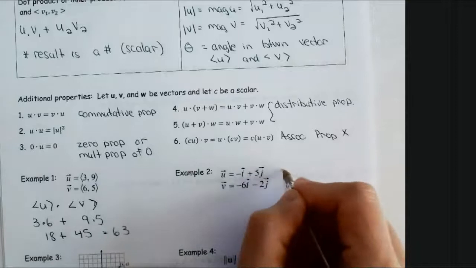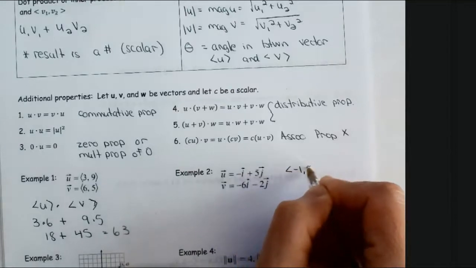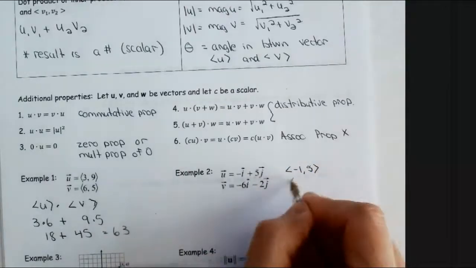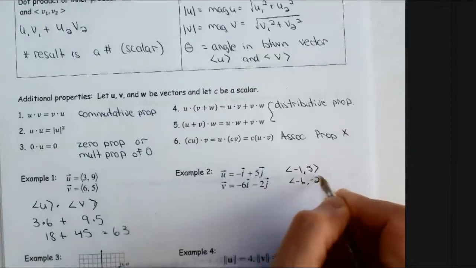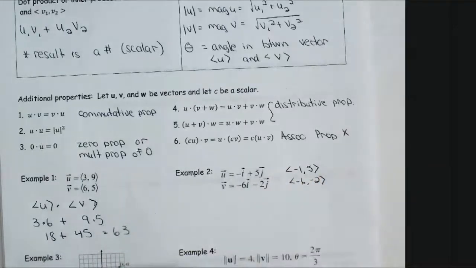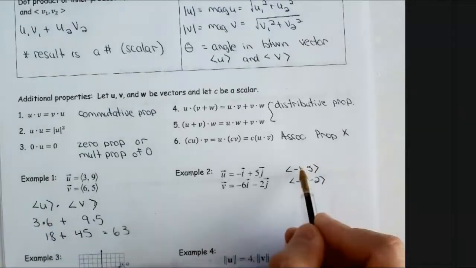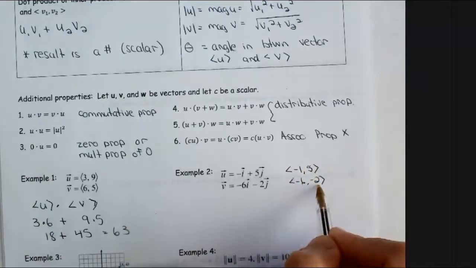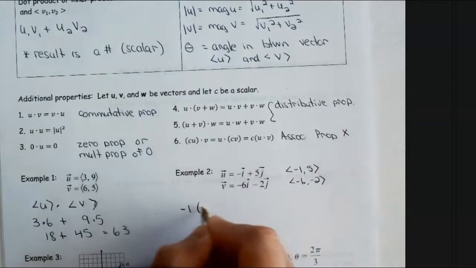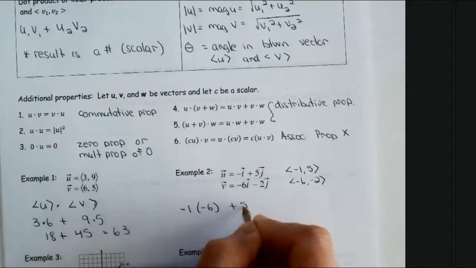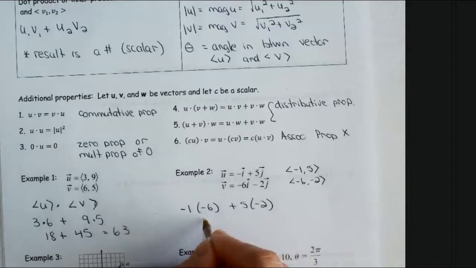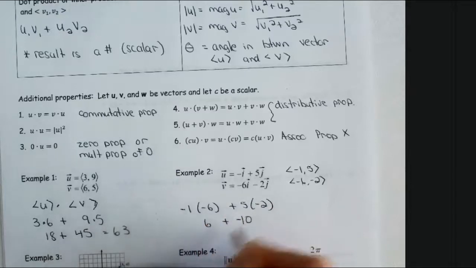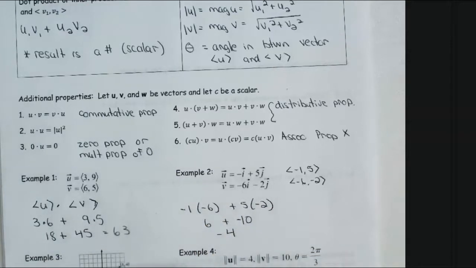Remember, this simply means I've got -1, 5 for the components there, -6, -2 for the components there. So if I'm going to multiply the two vectors, I'm doing exactly what I did here. I'm multiplying the x components, multiplying the y components, and then adding them together. So we've got 6 plus -10. Ultimately, we end up with -4.